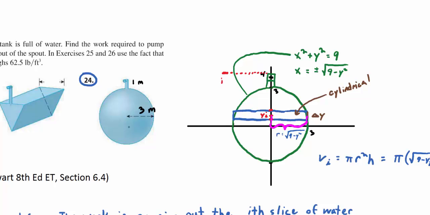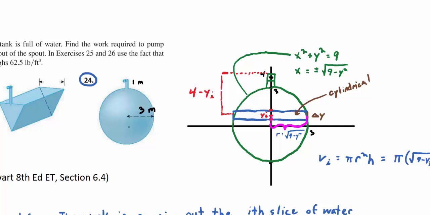And so about how far are you moving this ith slice? Well, just think of it in terms of measuring a distance. You take the bigger number minus the smaller number. In this case, the bigger number is 4, and the smaller number is actually just the height of this ith slice, which is given by the y sub i. So 4 minus y sub i.